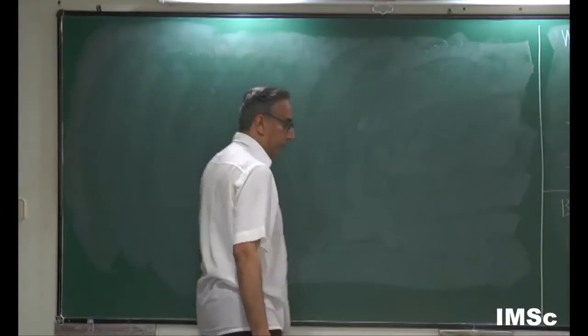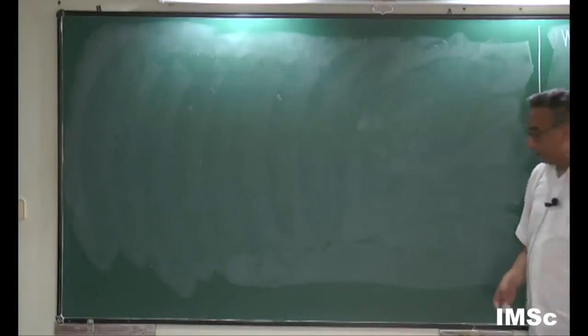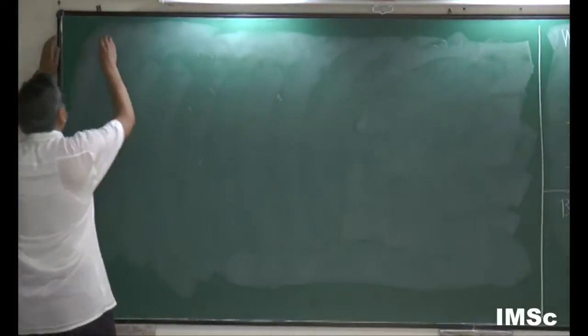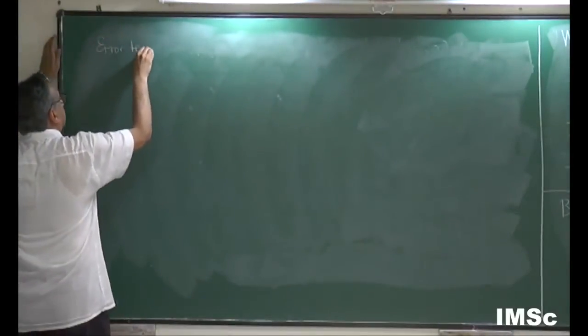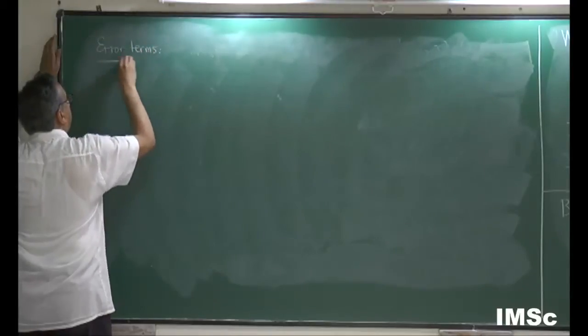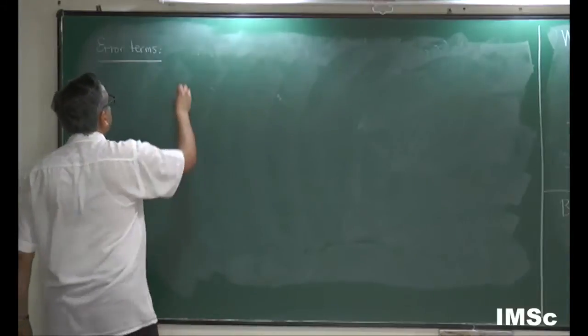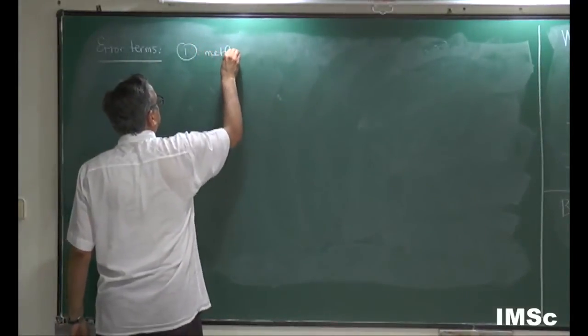They're not very good error terms because in such generality you can't expect to get such good error terms. So there are two types of ways of getting error terms. One is the method of contour integration.